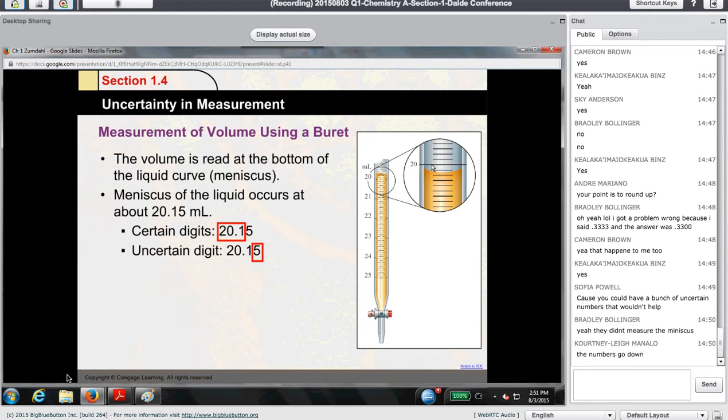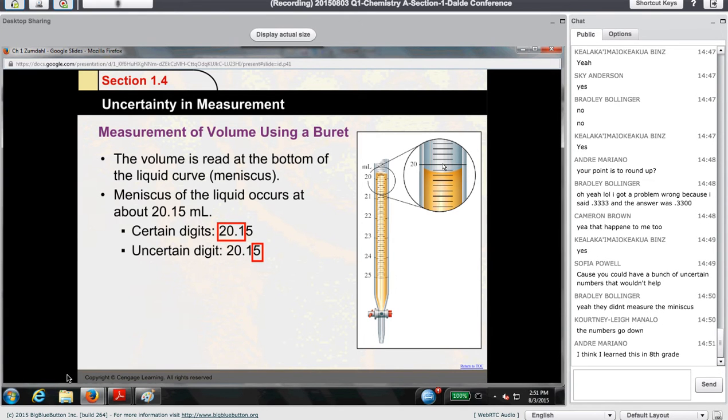Anyway, first of all, there's that word meniscus. Whenever you're measuring something inside of a tube, there's a little curve on the bottom, and you always choose the lowest point of that curve. That is to standardize things across the board. Everyone has decided to do that as a standard.